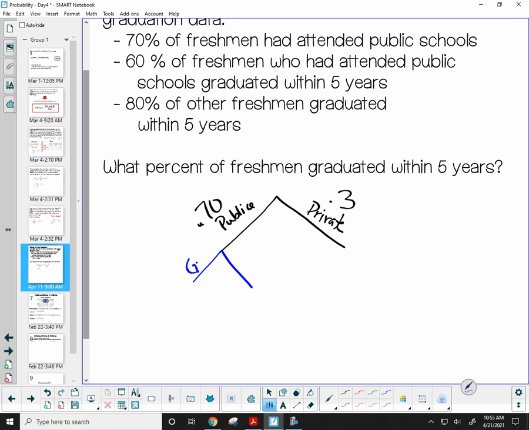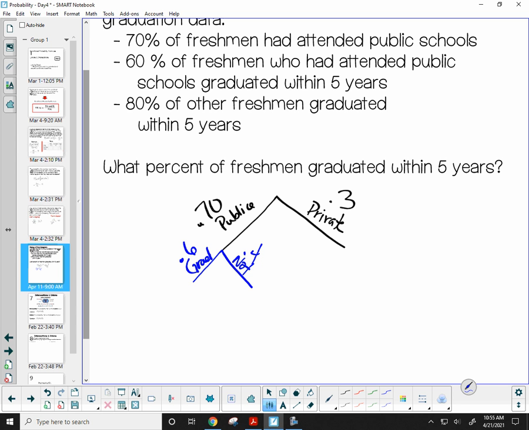So this is graduated, this is not. We'll just call it not, even though that's not what that really says. Does that make sense? You graduated in 5 years, did not graduate in 5 years. It says that 60% of them graduated. So what percent did not graduate? 40%.